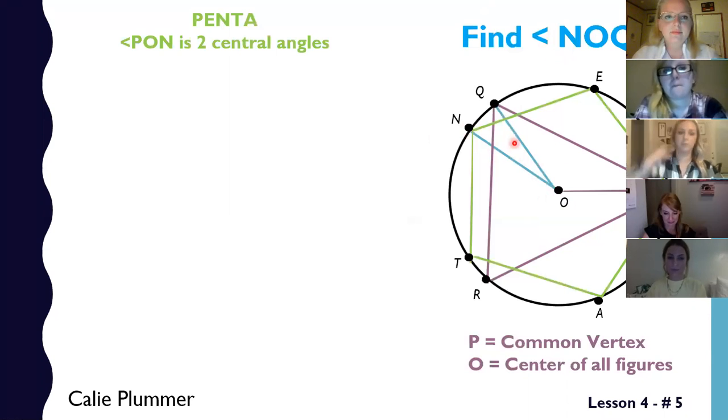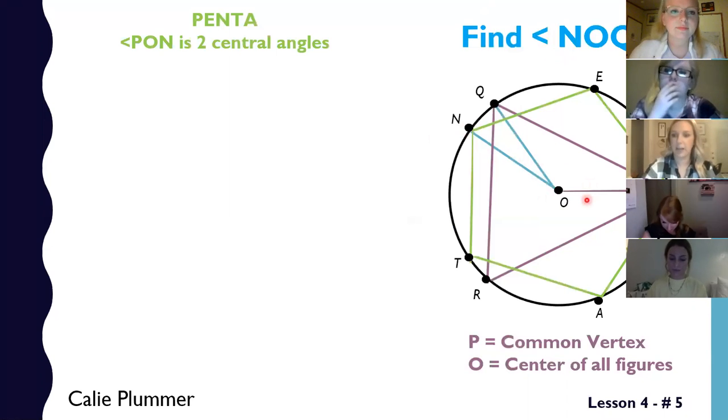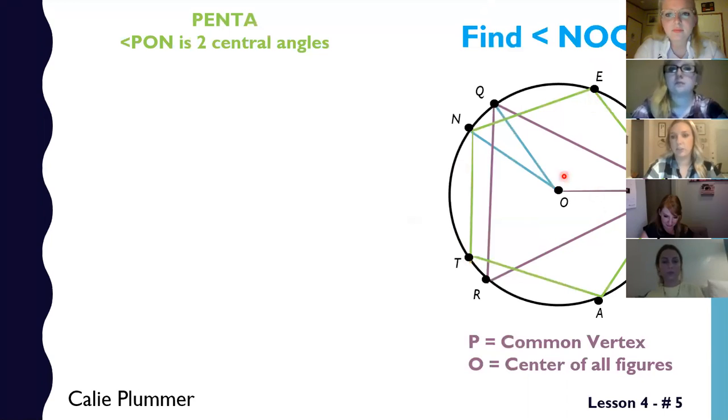First thing we need to do is find angle PON. If you look really close, you can see angle PON is in the pentagon labeled PENTA. It is two central angles, because a central angle goes from one side to the middle to the next.